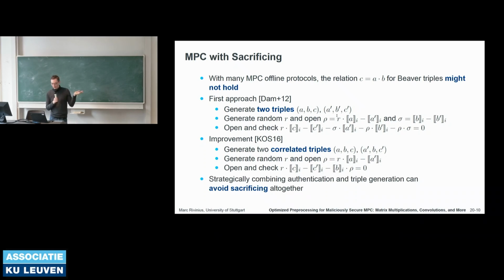But yeah, we have a paper where we argue if you do what you do anyway in Overdrive and combine things strategically, so combine the part where you authenticate for the MAC check and where you do the multiplication for the triple, you can avoid the whole sacrificing technique. So that saves you even more.